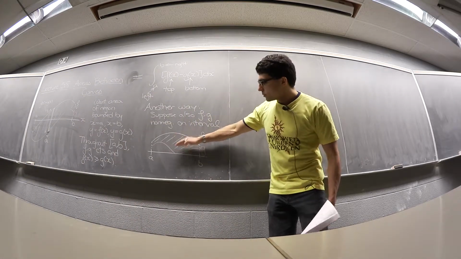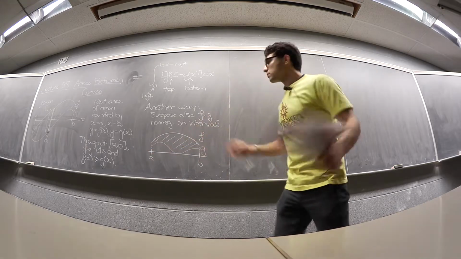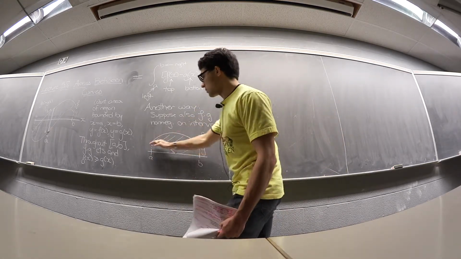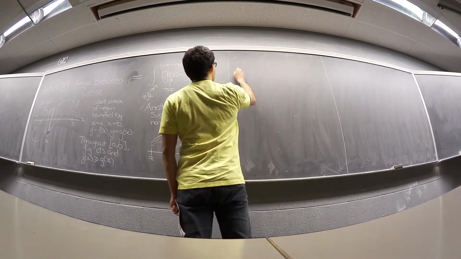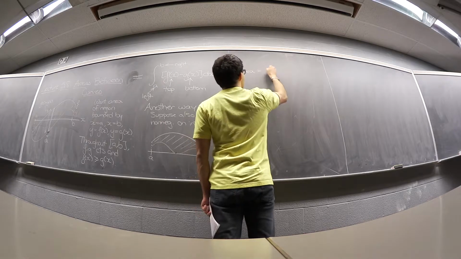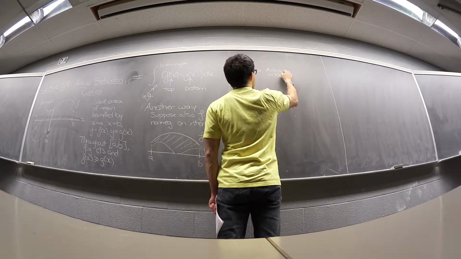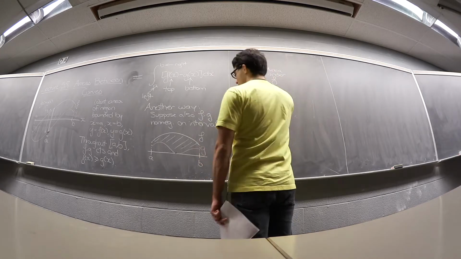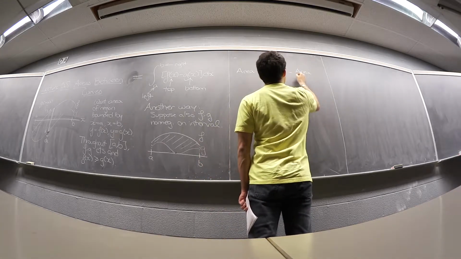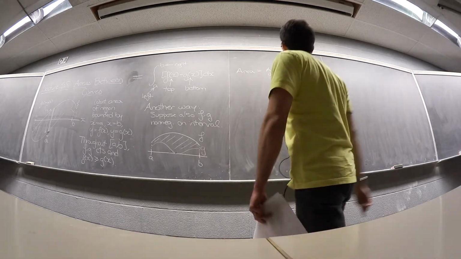The area between is just the area under F minus the area under G. That is that minus that. So the area between is equal to the area under F and above the x-axis minus the area under G and above the x-axis.